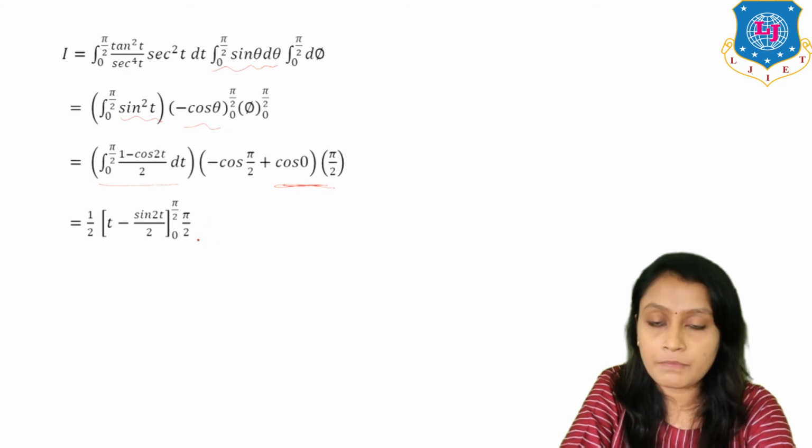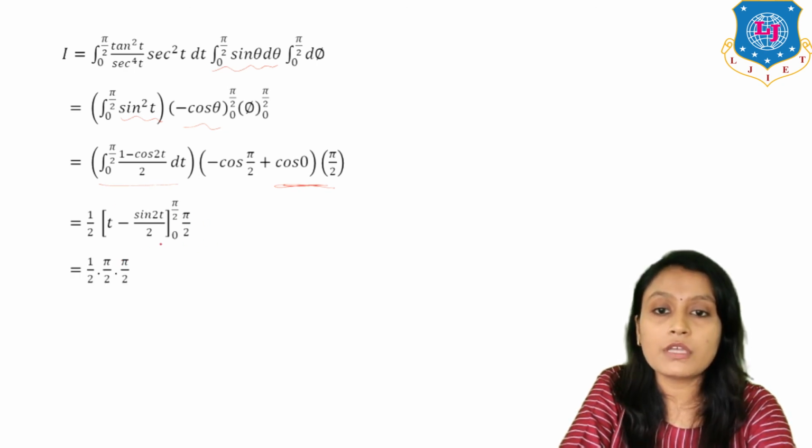Now we have to substitute the limits. Firstly substitute pi by 2 here, so you will get pi by 2. Now here if you substitute pi by 2, this 2 will get cancelled, so what remains is sin pi, and we know sin pi is 0. If you substitute the lower limit, you will get 0, and again sin 0 is 0.